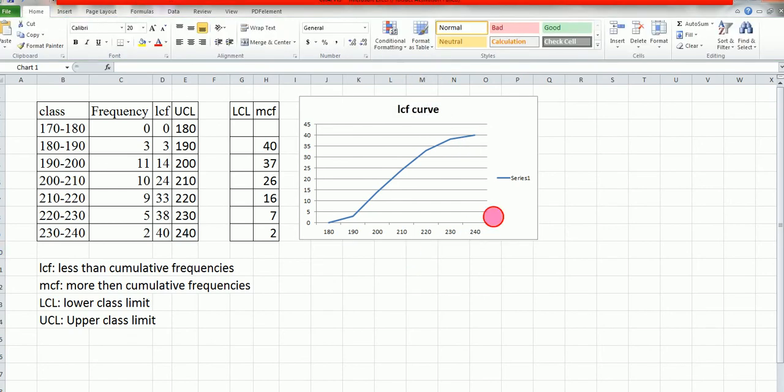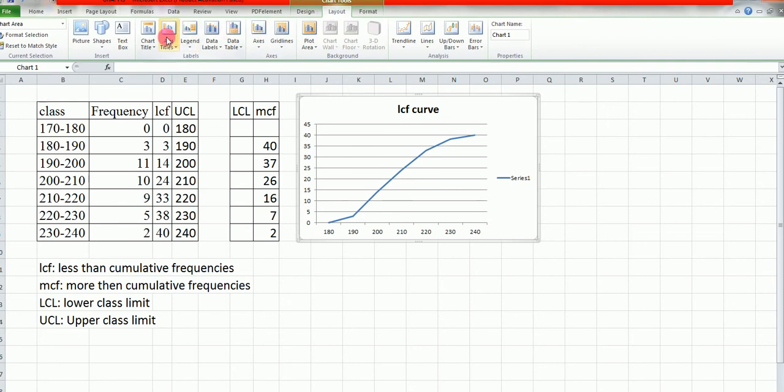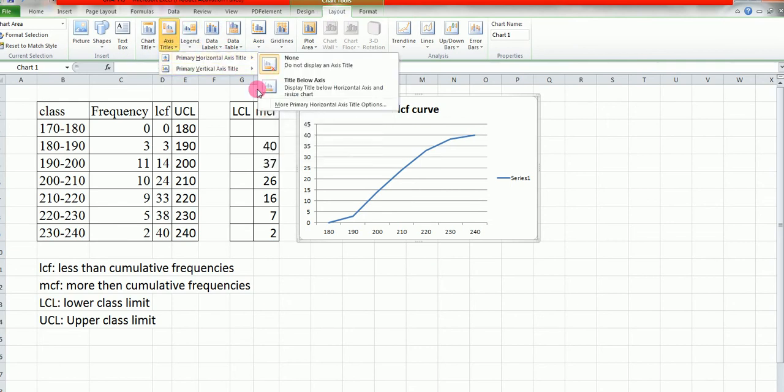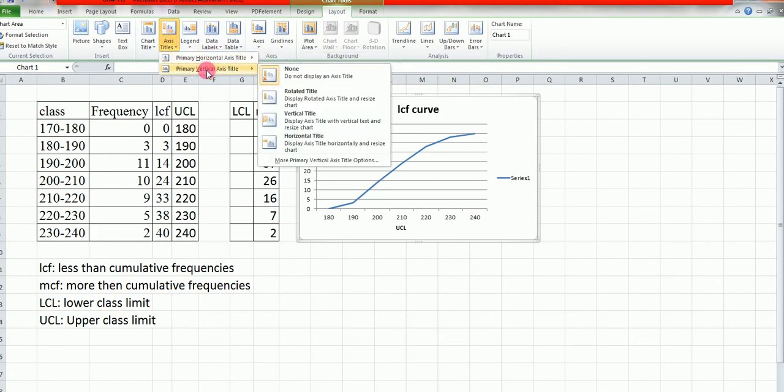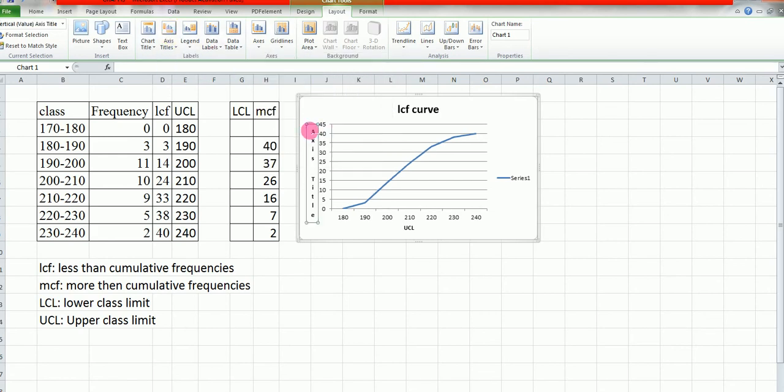On x-axis we have considered upper class limit, UCL, and on y-axis we have considered LCF, less than cumulative frequencies. So this is the less than cumulative frequency curve.